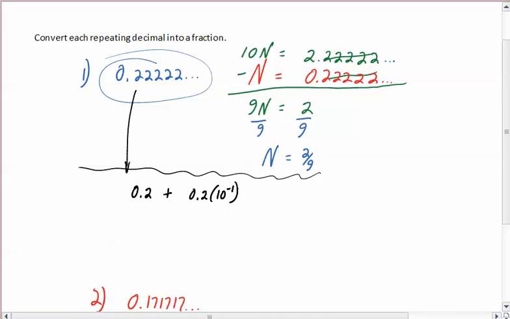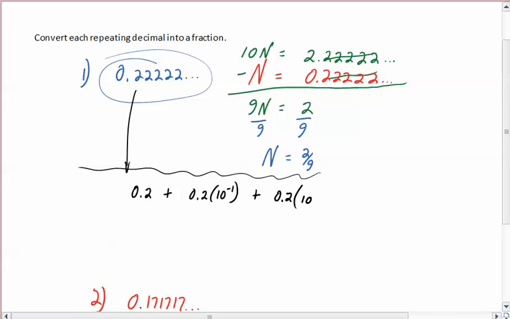In other words, the next one in line ends up giving me 0.02. So I'm just adding the next smaller fraction, basically.